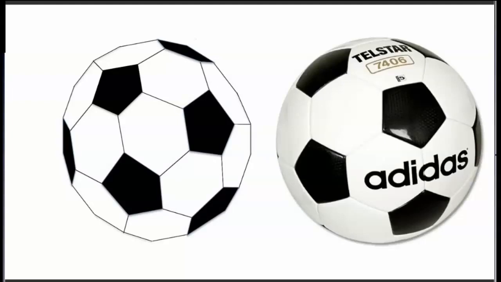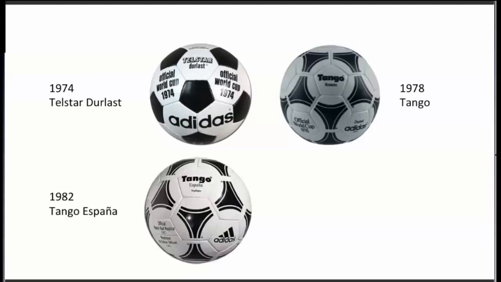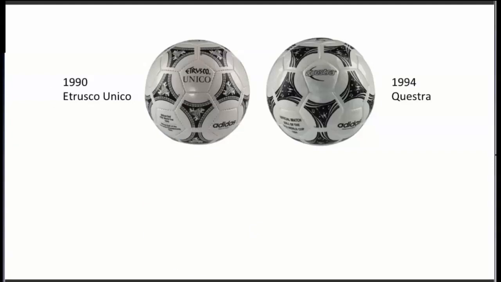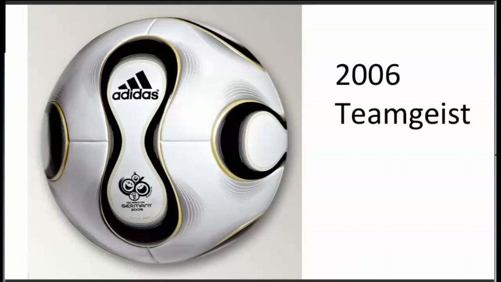Now look at the next 8 World Cups: the Telstar Durlast, the Tango España, the Azteca, the Etrusco Unico, the Questra, the Tricolor, and the Fever Nova. Although they have different printed patterns, the physical panels with 20 hexagons and 12 pentagons is the same as the 1970 Telstar. This all changed with the 2006 Teamgeist in Germany.